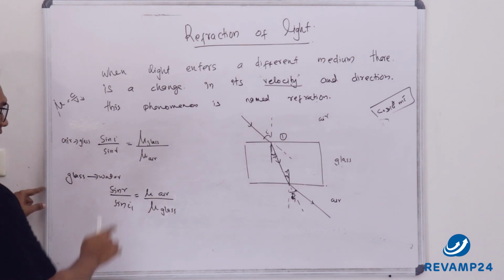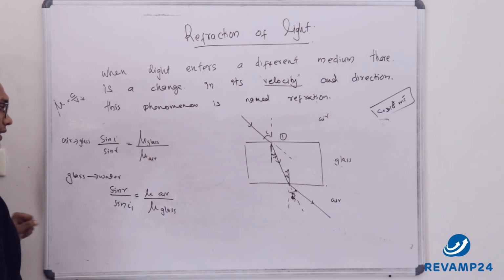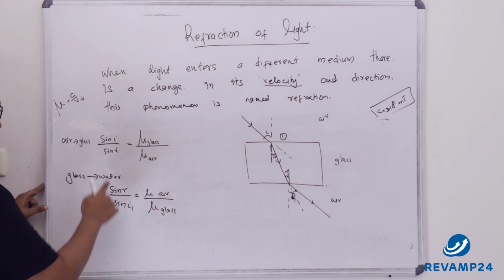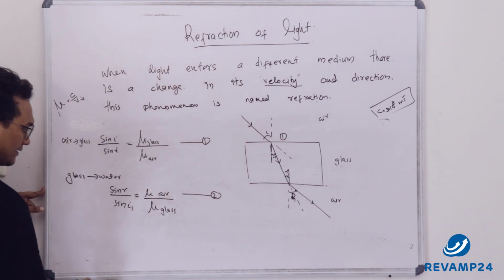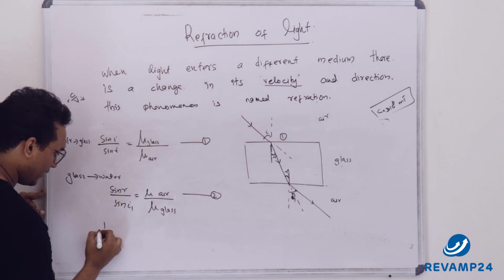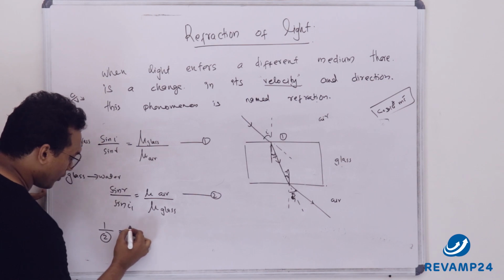What we have seen is that here it is glass divided by air, and here it is air divided by glass, just the inverse. So I can say that if this is 1 and this is 2, 1 by 2 is equal to 1.